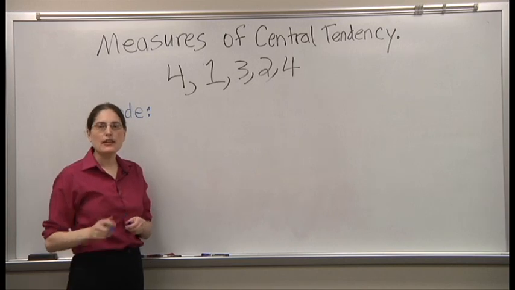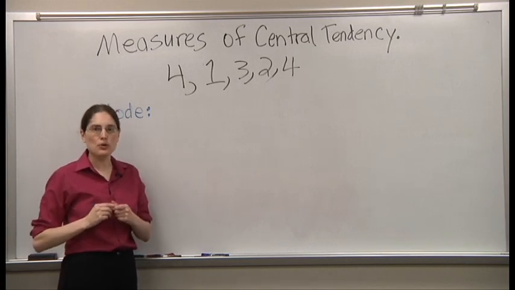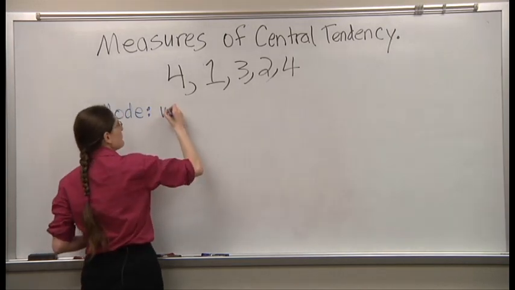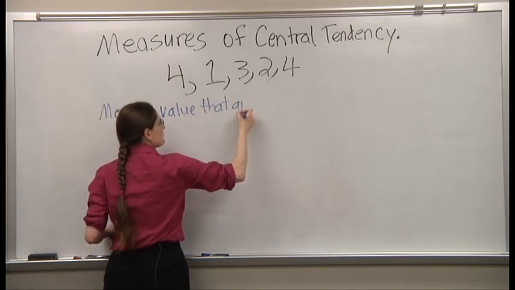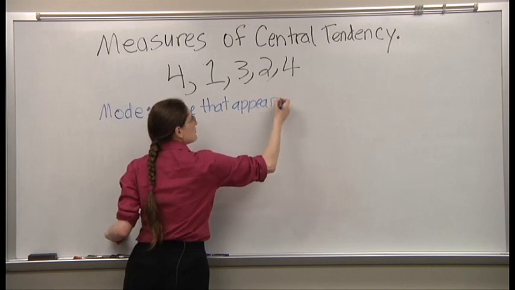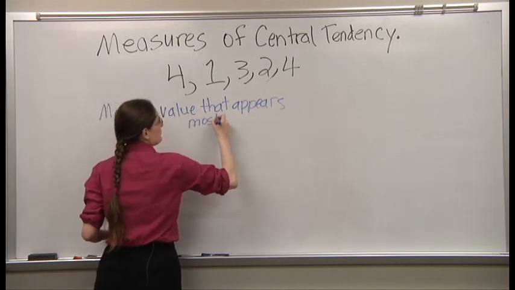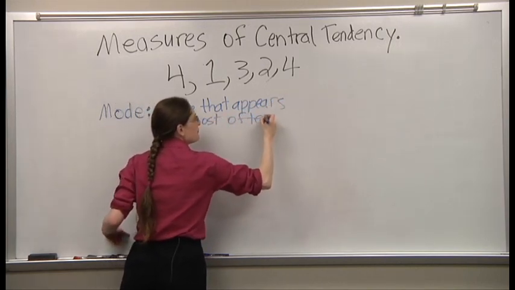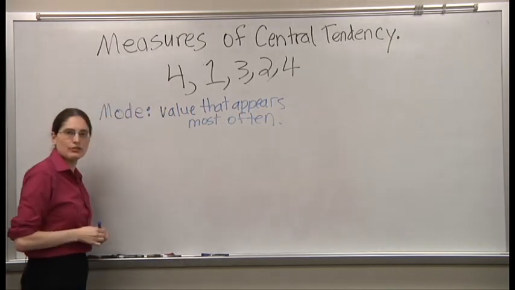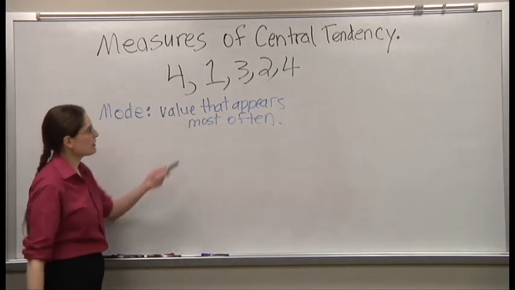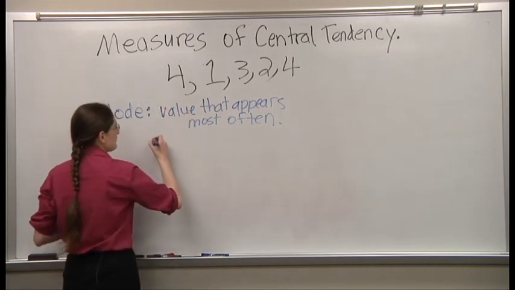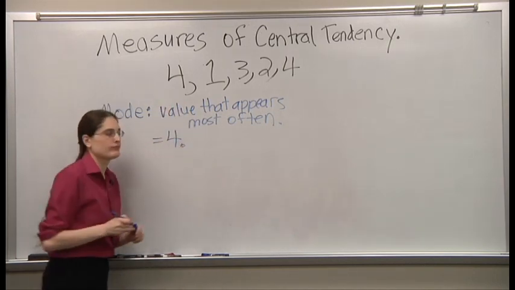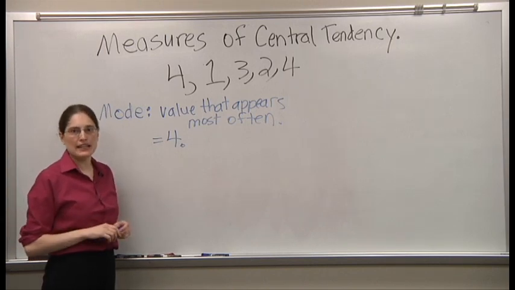Mode is the value that appears most often. Mode is for most. What is the mode of this data set? Yes, it's 4. Yes, it really is that easy.